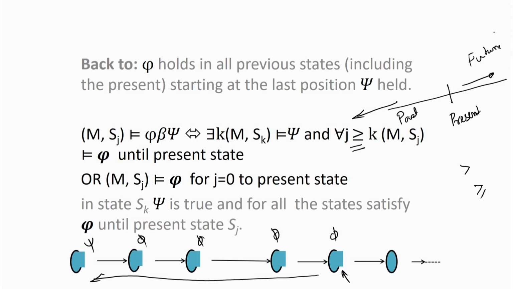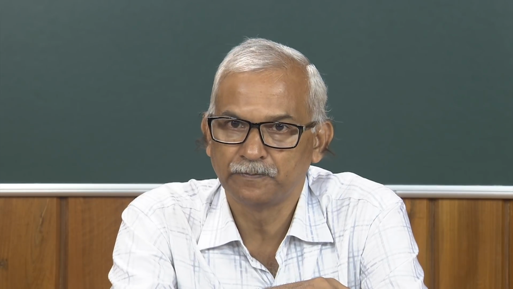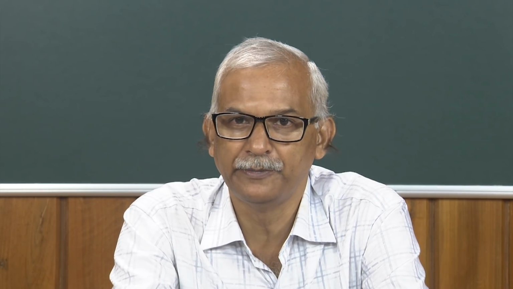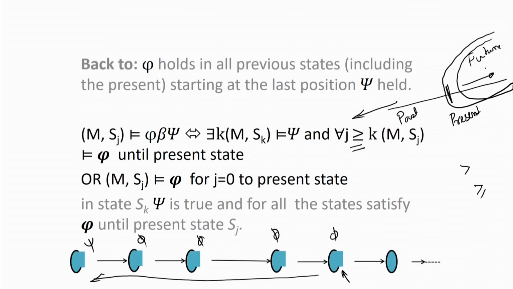That means this is the future, and it includes the present also. But if we want to exclude the present from the future, then we have to start from somewhere here. Accordingly, the truth values will be different in the present step. Whatever we have defined here, we have defined with respect to this notion that future includes the present.